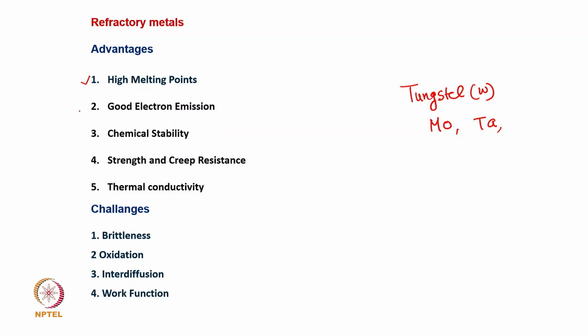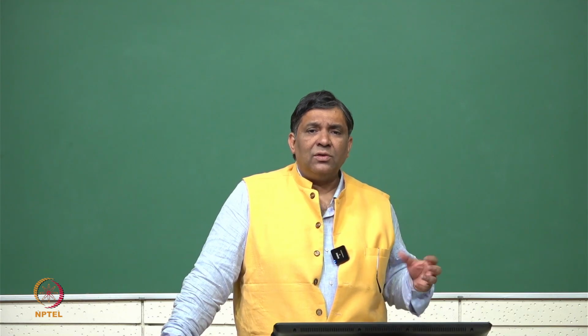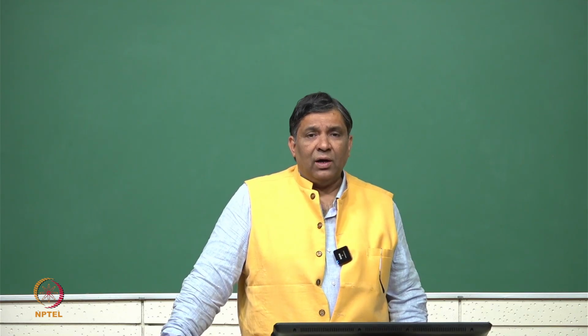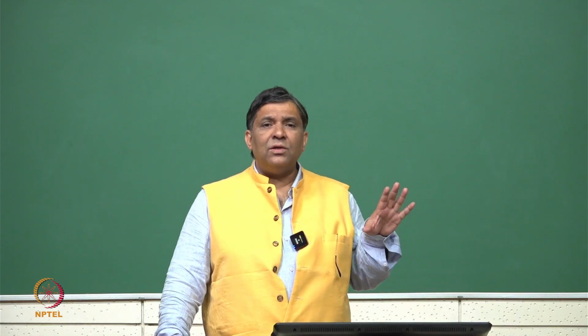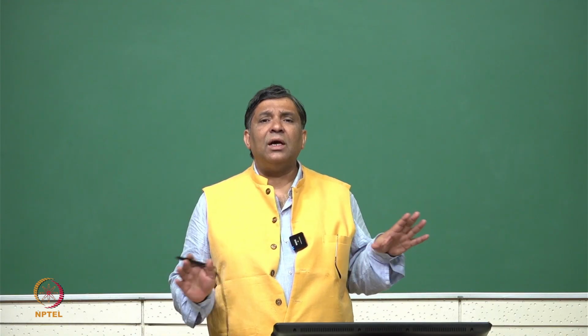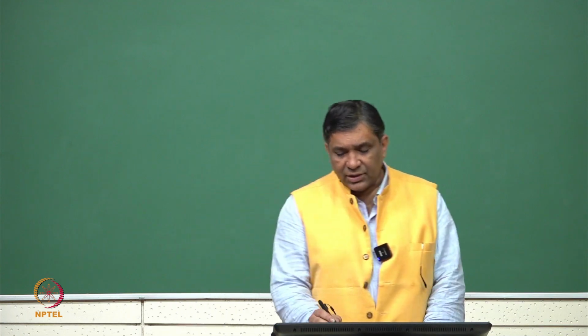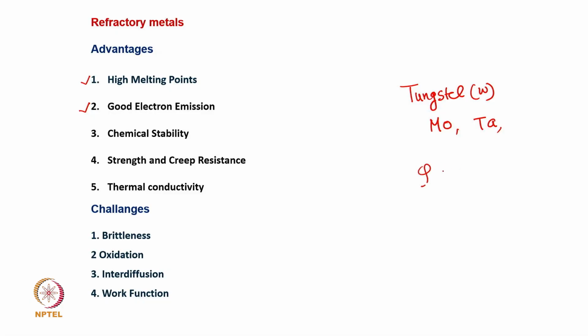They have good electron emission. They have relatively lower work function, although not very low work function, and I will show you the table and show you what the work function values of these different emitter materials are. So, you will see that refractory metals typically have a work function range of say 4 to 5 electron volt. Okay.